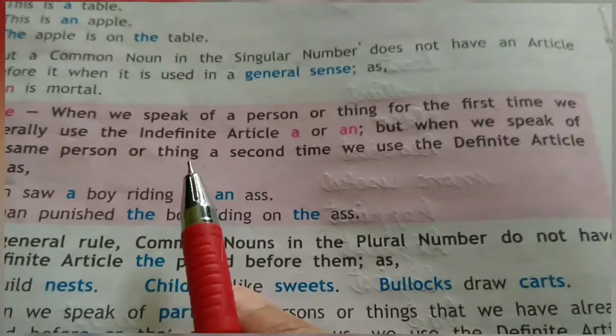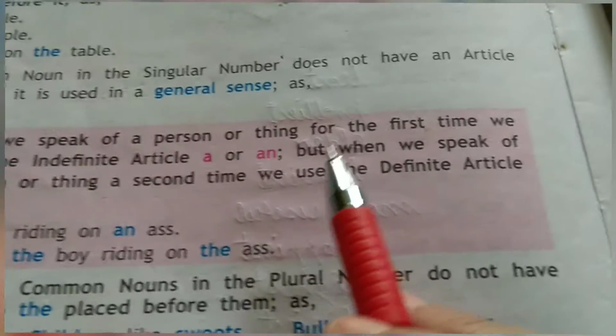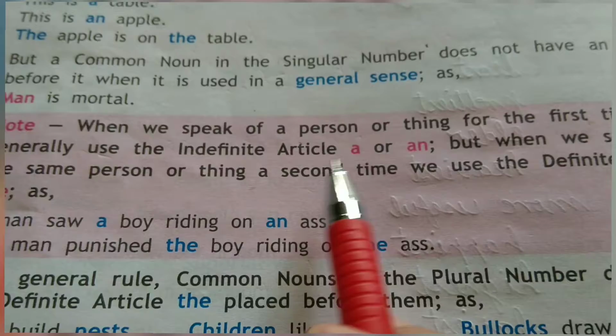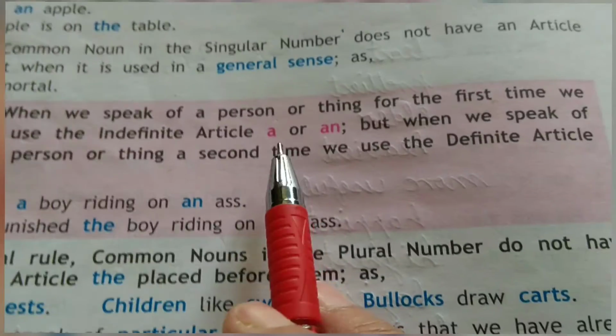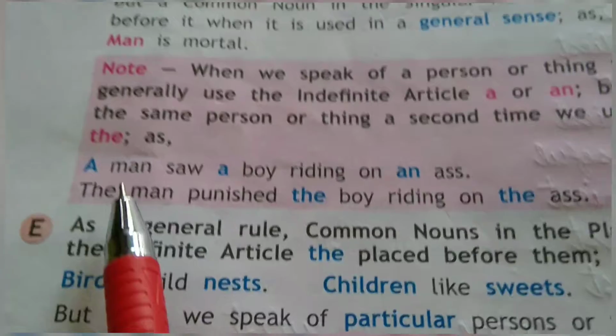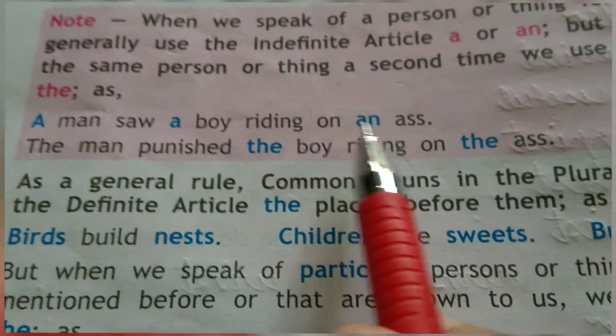Now, let me explain you more specifically. When we speak of a person or thing for the first time, we generally use the indefinite article. Just now I explained a or an. But when we speak of the same person or thing a second time, we use the definite article the. Now see this example. A man saw a boy riding on an ass.